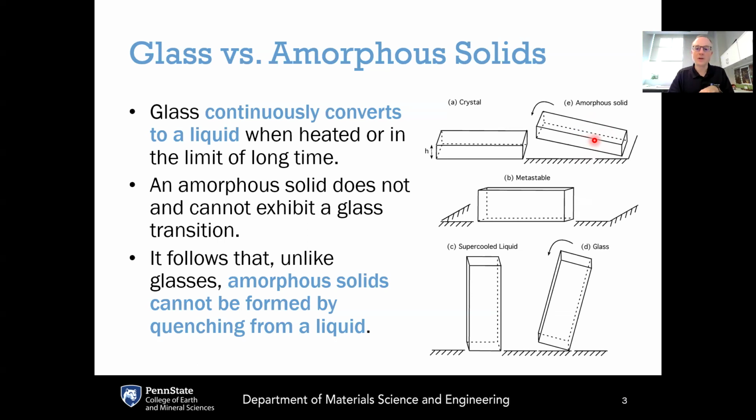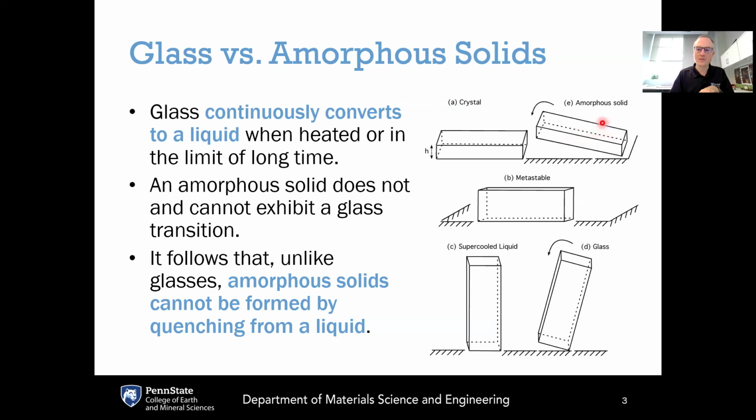As a result, amorphous solids do not have a glass transition, and they cannot be formed by quenching from a liquid. So this is really a key difference, that the structure of the amorphous solid is very different from that of the liquid. Amorphous solids do not undergo a glass transition, whereas glasses do, and amorphous solids cannot be made by quenching from the liquid state.